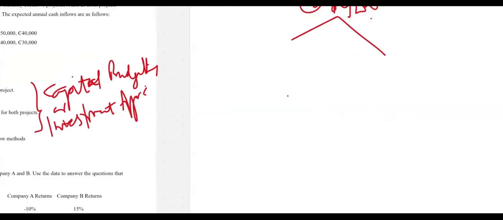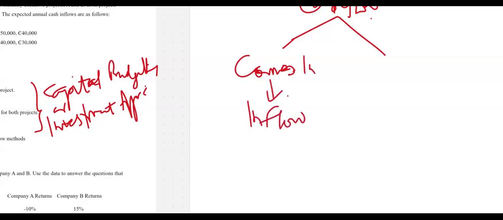When the cash comes into the business, it is called an inflow because the money is flowing into the business. When the cash goes out, it is called an outflow. Money is flowing out.